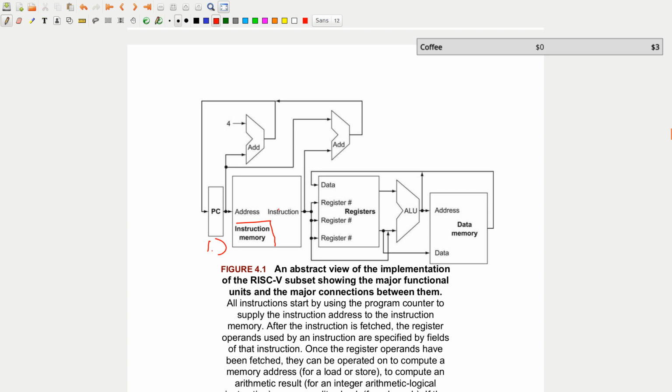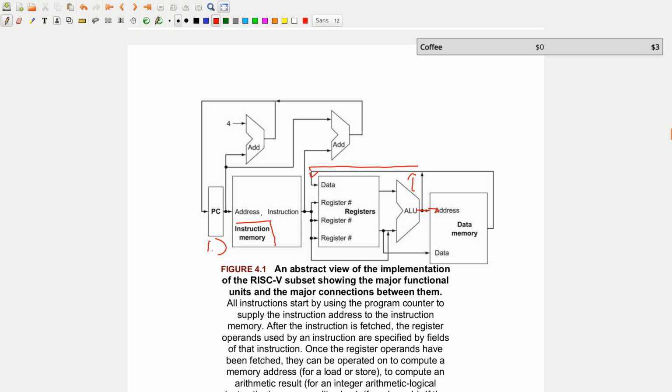That instruction comes out of the other side, and this looks up any registers that we need to. Maybe it passes a value directly to the ALU. Then the ALU does some kind of number crunching. If we're simply calculating an address, we go directly to data memory. However, if we're doing an arithmetic instruction, we may just write this back immediately to the register file.